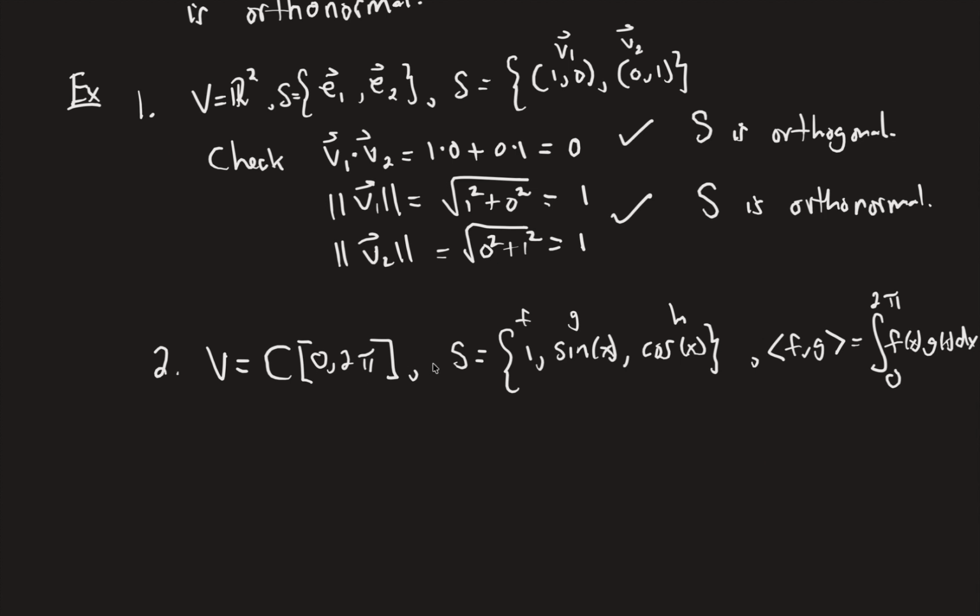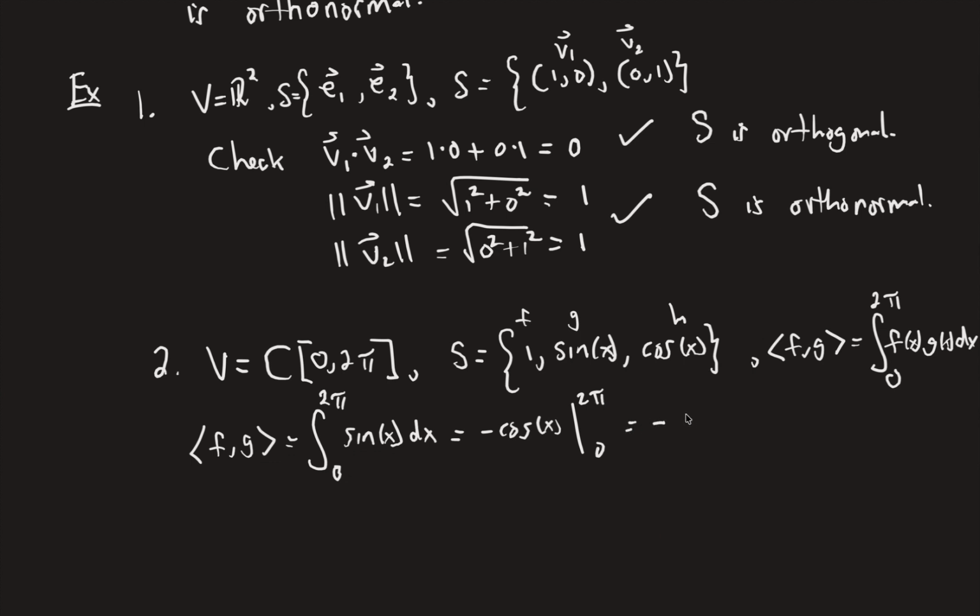Using the labels that I have here, let's check the first pair, the inner product of f and g. That's the integral from 0 to 2 pi of 1 times sine of x dx. The antiderivative of sine is negative cosine, and then we go from 0 to 2 pi.